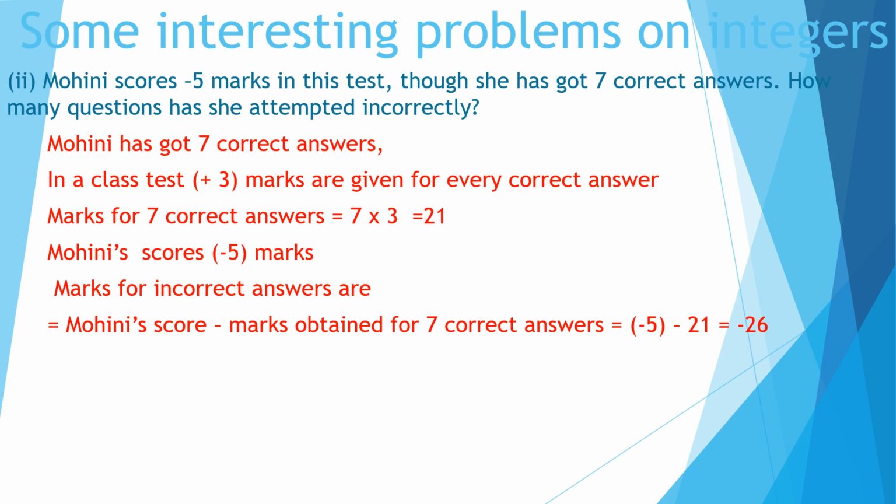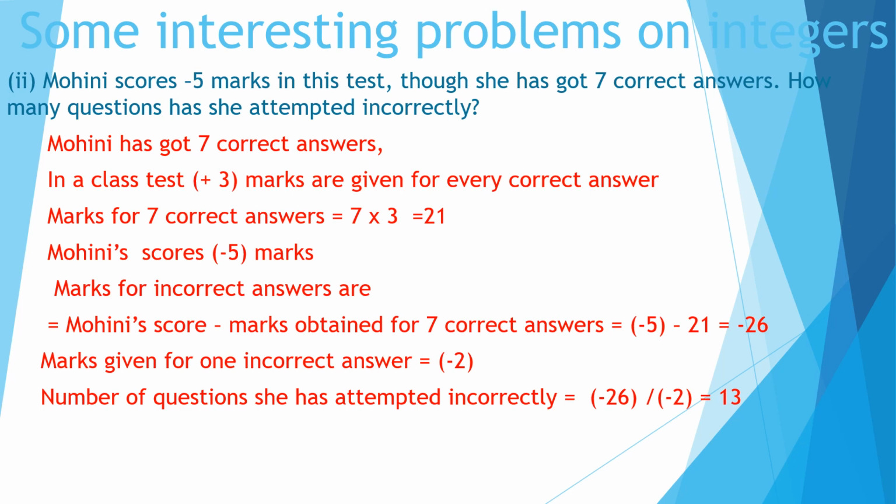So marks for incorrect answers are minus 26. Marks given for one incorrect answer is minus 2. So the number of questions she has attempted incorrectly will be equal to minus 26 divided by minus 2, which is equal to 13.